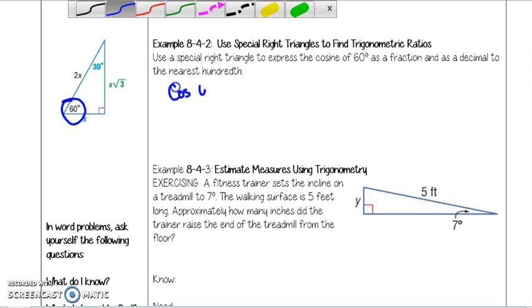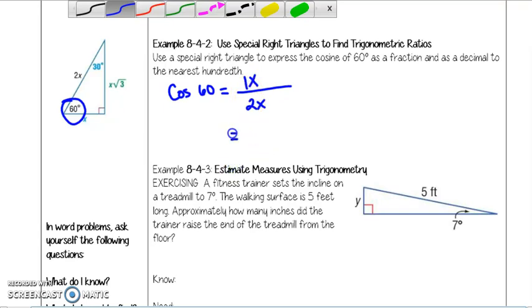So cosine 60, we put our degrees in here. Usually we use the letters, but if we know the degrees, we put the degrees. Equals adjacent over hypotenuse. This is the same thing as 1 over 2, 1/2.